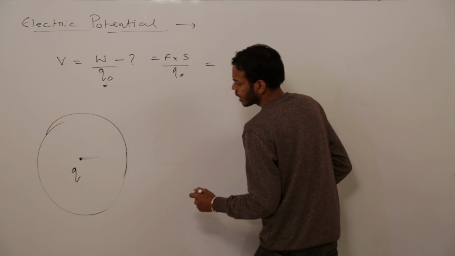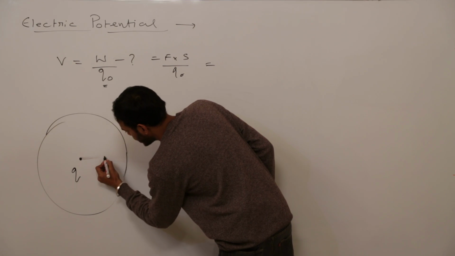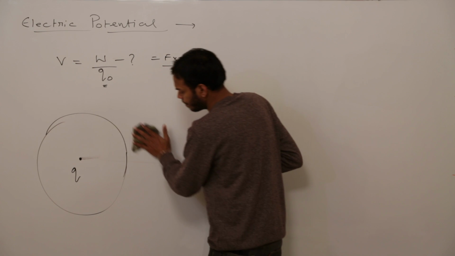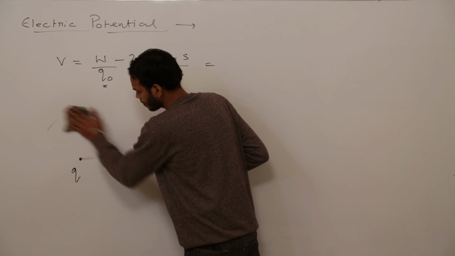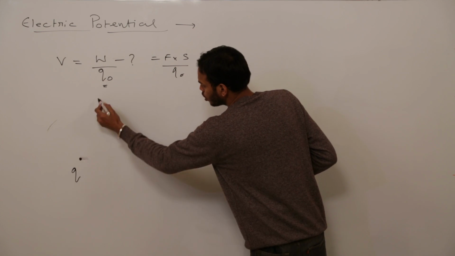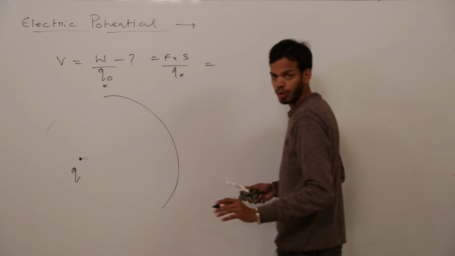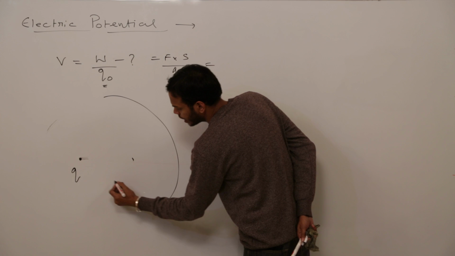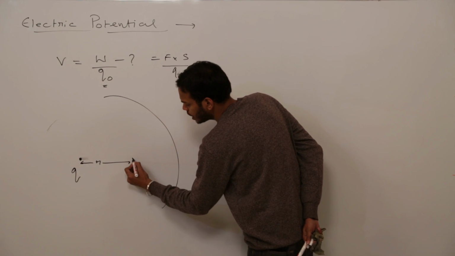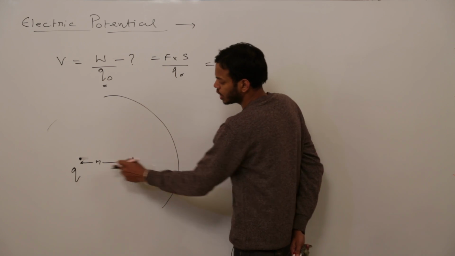This is how we'll do. Consider the point. Right now I'll draw a still bigger diagram because you will be needing it. Let us consider that the electric field due to this charge is up to this point, okay? And this is the point which is at a distance r from our charge, at which we have to find the electric potential due to this charge.